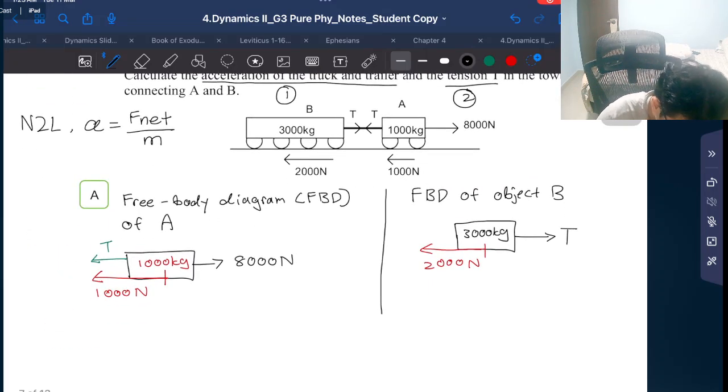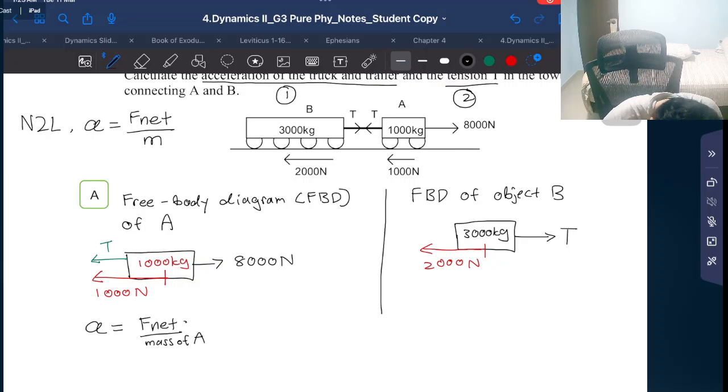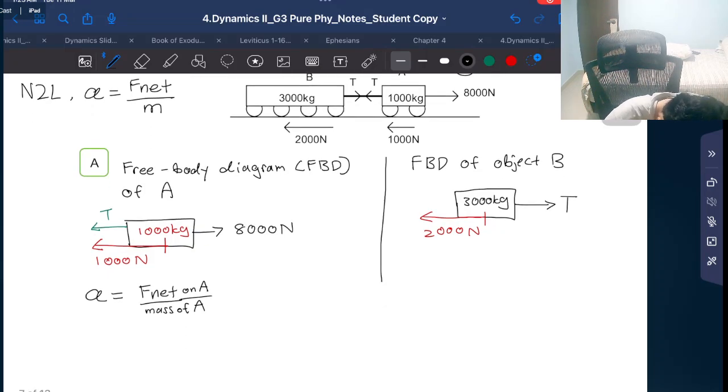So we can use Newton's second law. The acceleration is equal to F net over the mass of A. You will get 8000 minus 1000 minus T, over 1000.